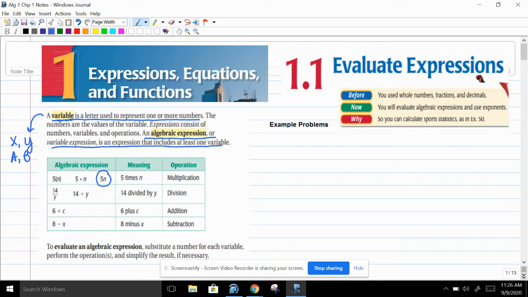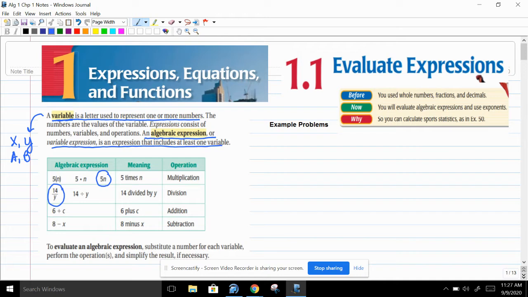With division, you're going to see the fraction bar used more frequently now. You're not going to see the division symbol there. You're going to see a fraction bar. And then obviously you have your addition and your subtraction. Again, this should be nothing that's crazy new, just a quick little refresher.